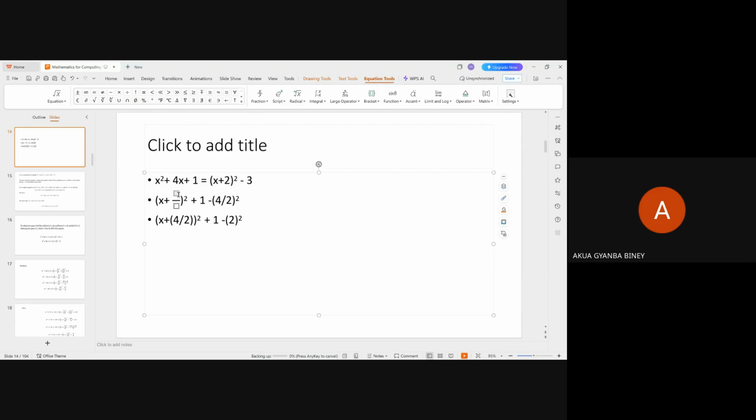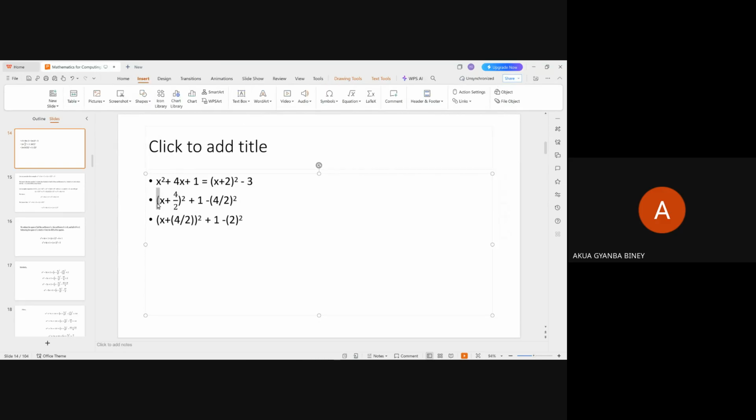So this one, no introduction of any brackets. I have closed the brackets. This one is closed here, and it's all of them squared. Just notice here. So this 2 is as a result of this b over 2. So x plus 2 all squared. And then it's not subtracting of 4 per se.